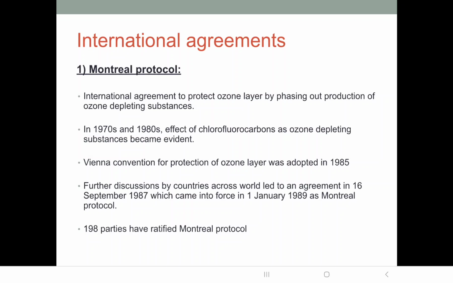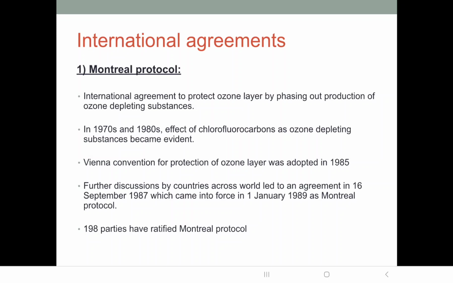Now this international agreement was made in 1987. So the Montreal Protocol is an international agreement to protect the ozone layer by phasing out production of ozone depleting substances.